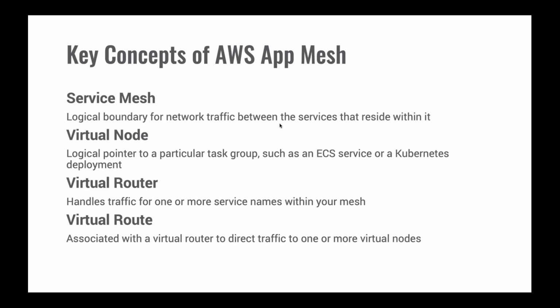Then every service is mapped to what is called a virtual node. It's a logical pointer to, for example, an EKS deployment. Now, in Kubernetes, a deployment typically translates to a set of pods exposed and visible through a service endpoint.